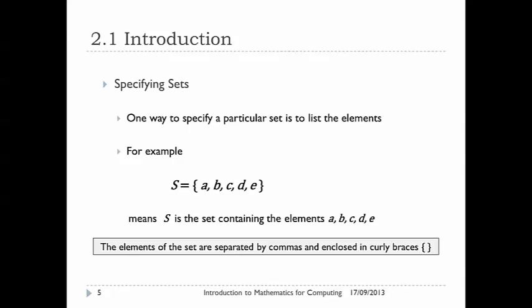So for example, here we have the set S equals, we've got a curly brace, then we list the elements of the set, A, B, C, D, and E in this case, and then we close off with a curly brace at the end. So what this is saying is that we have a set S, and the elements of this set are A, B, C, D, and E, whatever they represent. The elements of the set are separated by commas and enclosed in these curly braces.